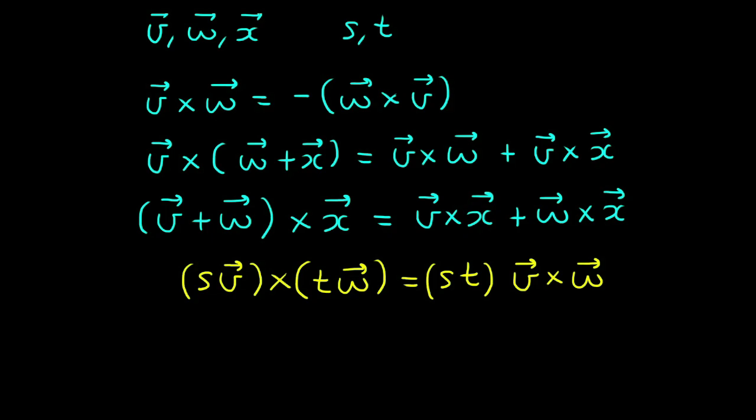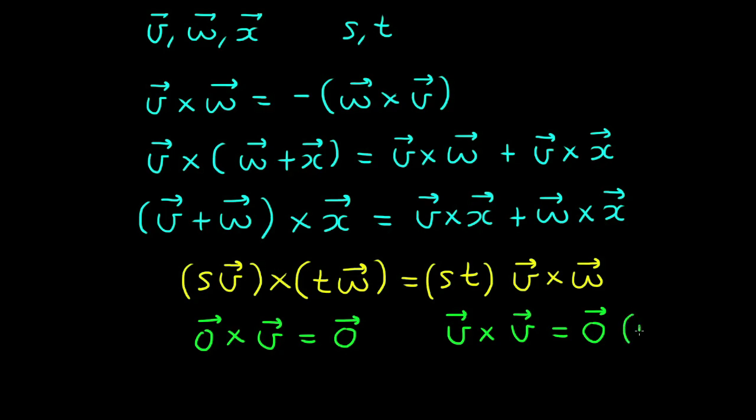And taking the cross product between a zero vector and another vector results in a zero vector. And the cross product between a vector and itself is the zero vector, given that the vector is parallel to itself. And this also applies if the vector v is parallel to another vector w. So the cross product between parallel vectors is 0.